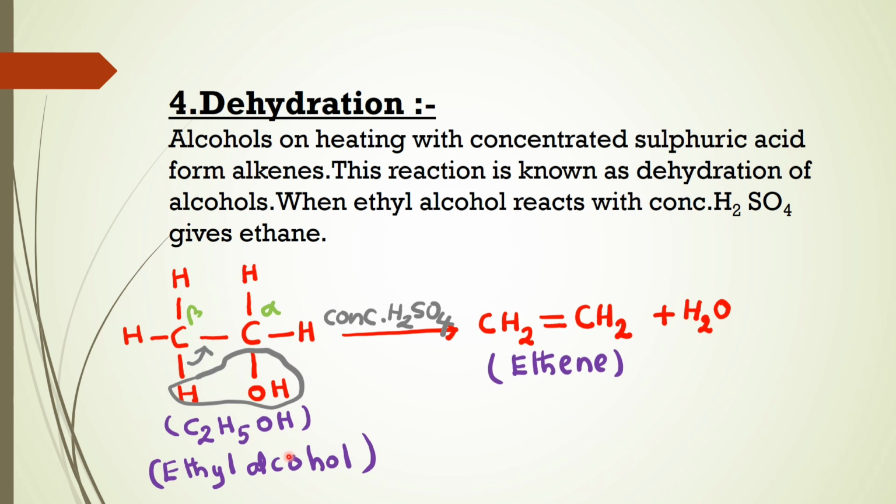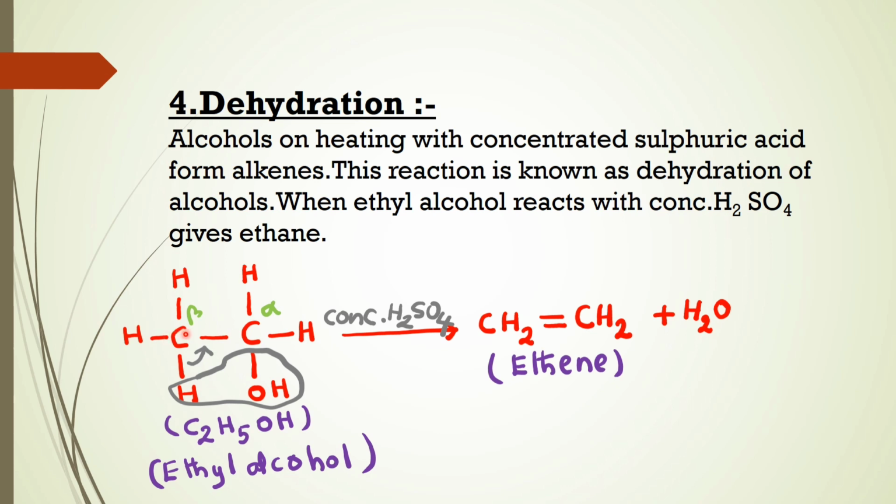Here I take C2H5OH, ethyl alcohol. This is the structure of ethyl alcohol, CH3CH2OH. The carbon which contains the OH group is called the alpha carbon. The next carbon is called the beta carbon.